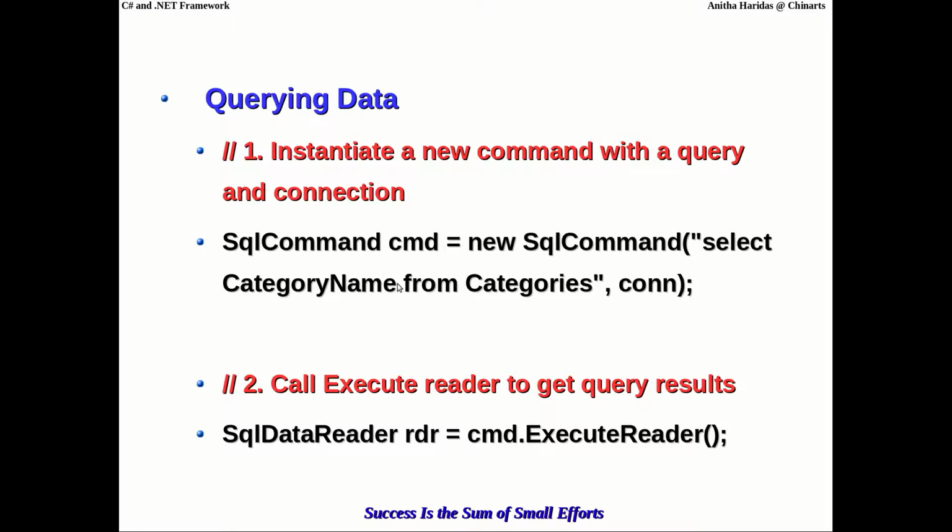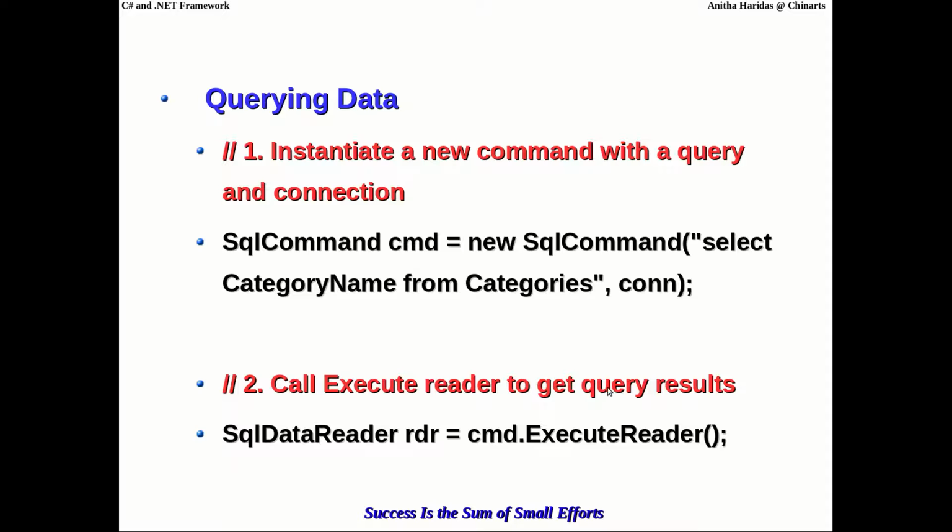For querying the data, you have to instantiate a new command with a query and connection, which you will specify as new SQL command, the query and the connection object. Once you have completed the creation of the command object, the next thing you are going to do is call the execute reader.